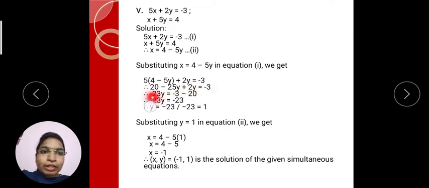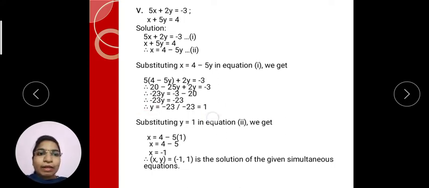This 20 is shifting toward the right side, and minus 25y plus 2y are like terms. So minus 25 plus 2 is minus 23. So minus 23y is equal to minus 23. So y is equal to 1, because minus 23 divided by minus 23 becomes 1.